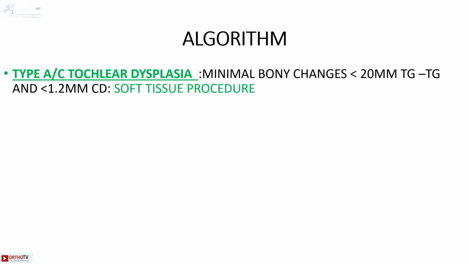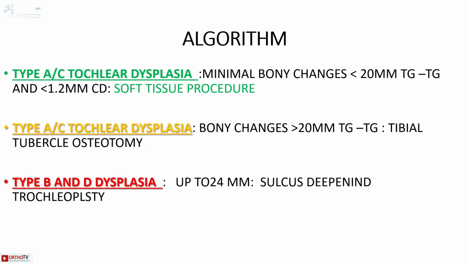Coming to the algorithm, Dejour type A and C trochlear dysplasia, which is minimal dysplasia, with less than 20 mm of TTTG distance and a CD ratio of less than 1.2, a soft tissue procedure is enough for these patients. Trochlear dysplasia of A and C with a TTTG of more than 20 needs a tibial tubercle osteotomy.